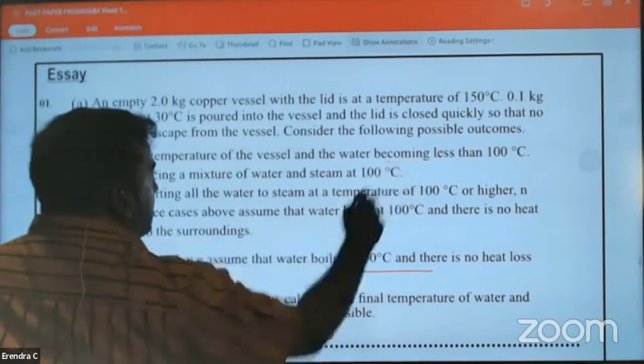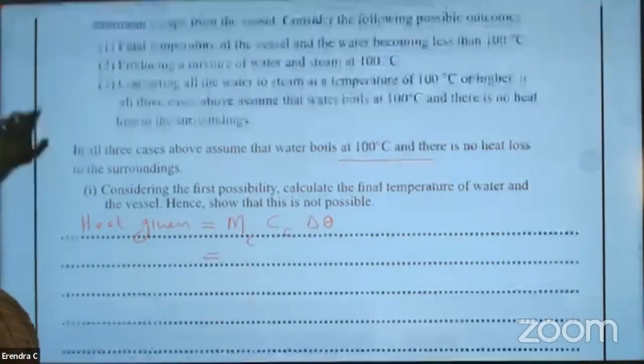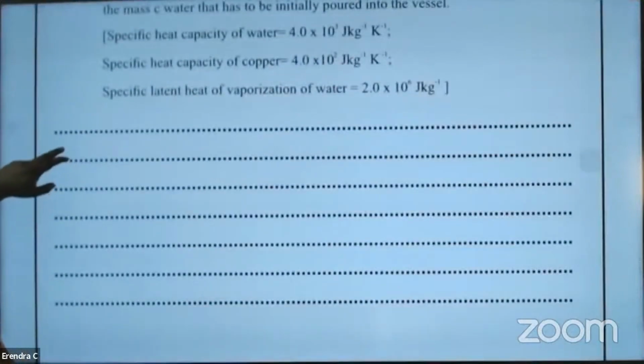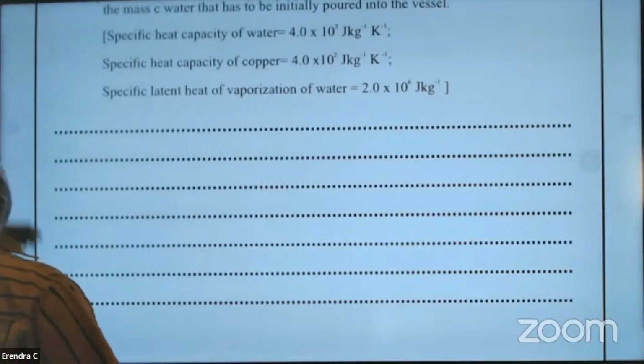Water becoming less than 100 degrees. Let's see. Specific heat capacity of copper 400. Latent heat of vaporization 2 times 10 to the power 6. Specific heat capacity of water is 4000.